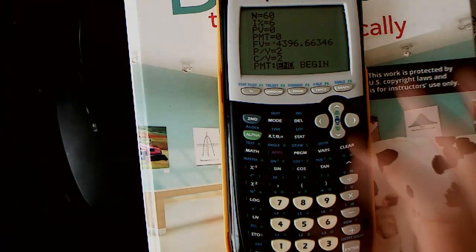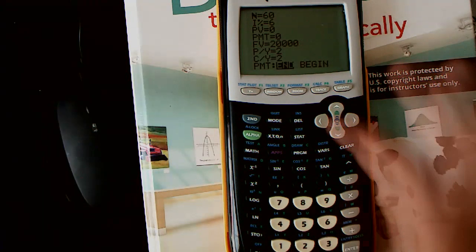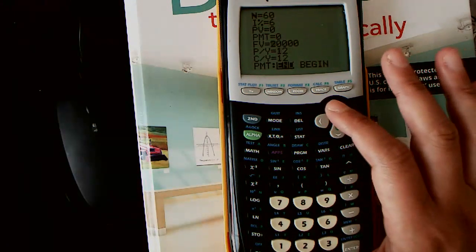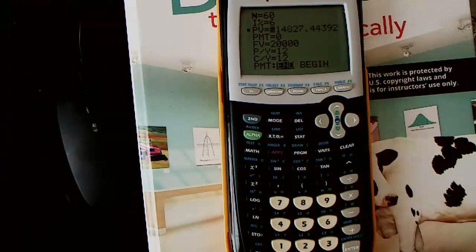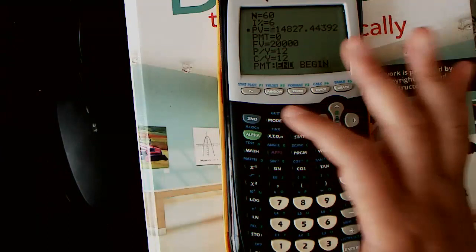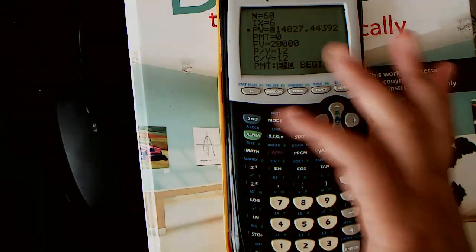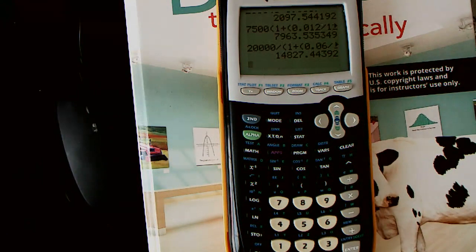Future value is 20 grand. This is 12 because monthly. And if we go back to solve, I'm using an app in the calculator. Same thing. That means our answer earlier is correct. It is 14827.